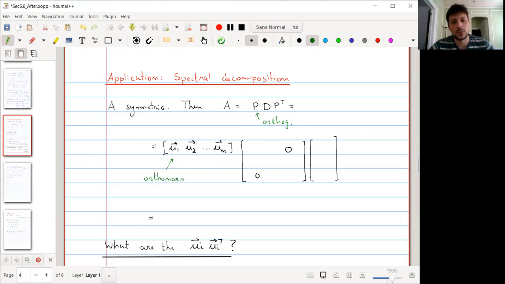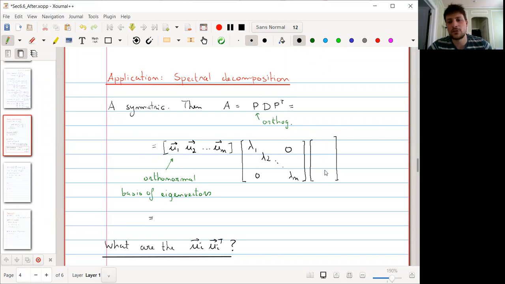So this is an orthonormal basis of eigenvectors that make up the columns of P. The diagonal matrix D will contain the corresponding eigenvalues and zeros off the diagonal.